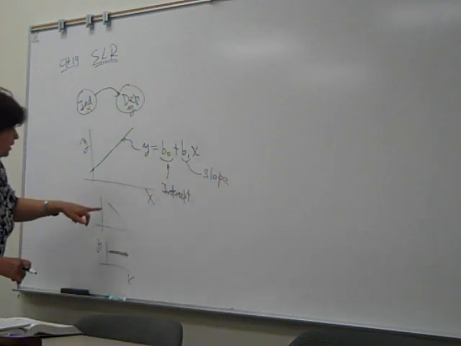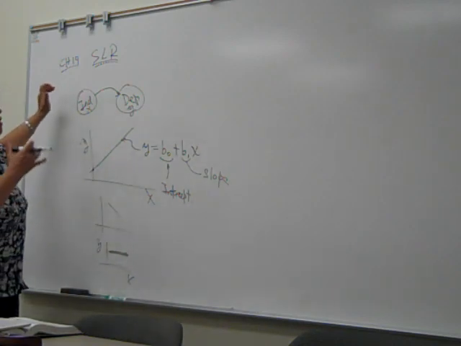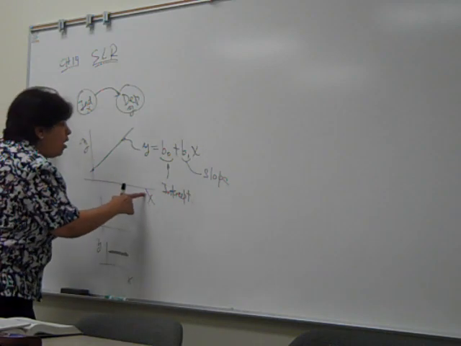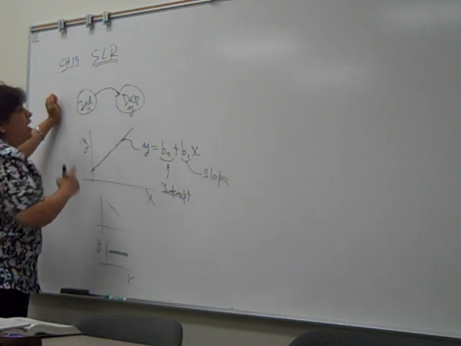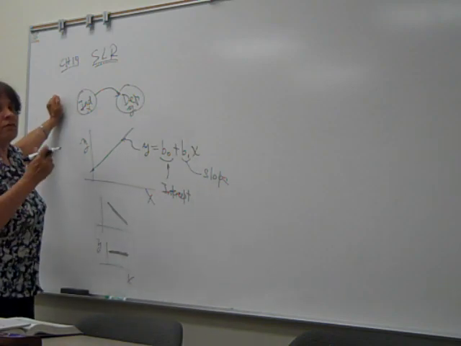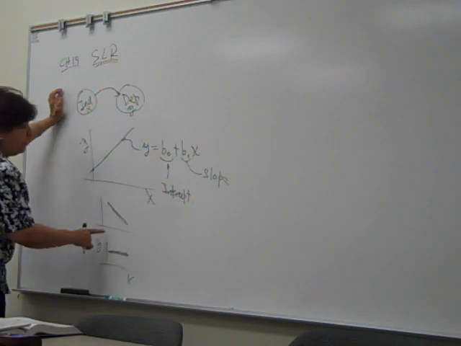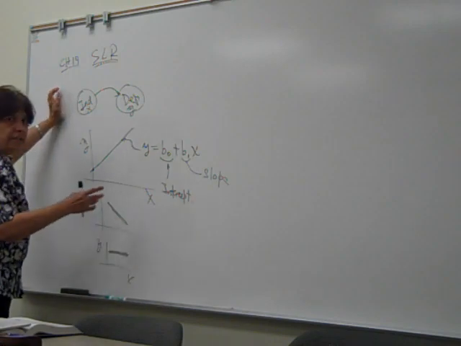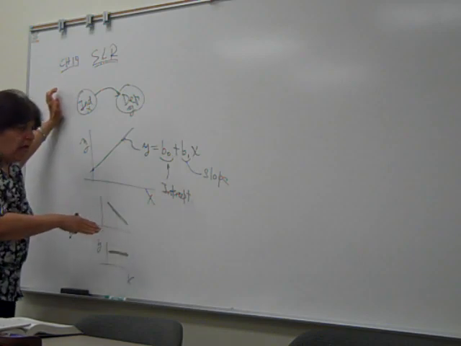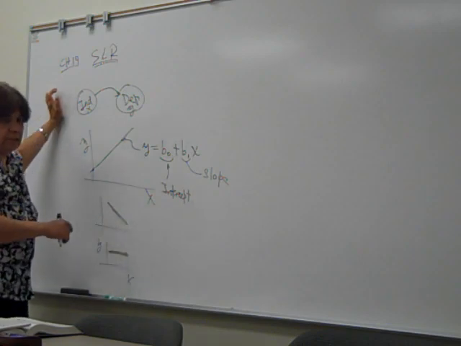This is a positive relationship. For example, the more hours you study, the higher grade you have in your test. This is a negative relationship. For example, in a car, the more cylinders it has, the fewer miles per gallon. This is a negative relationship, okay?